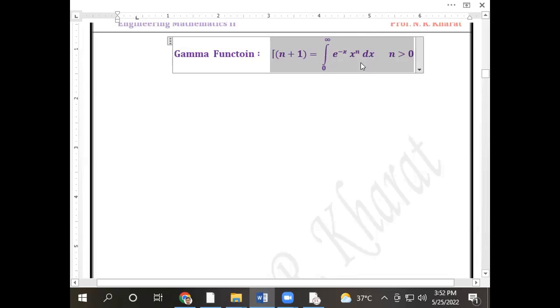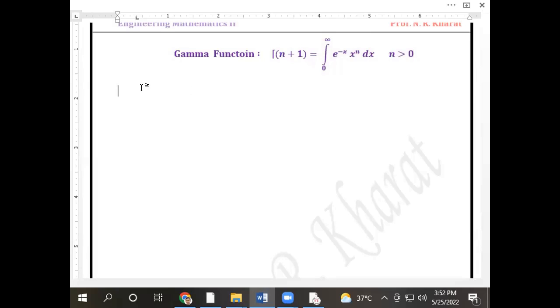If in the integration, instead of these two terms, other functions exist, then according to the definition of the gamma function, we have to convert the example into the gamma function definition. For that, we will see some basic types which reduce to the gamma function.